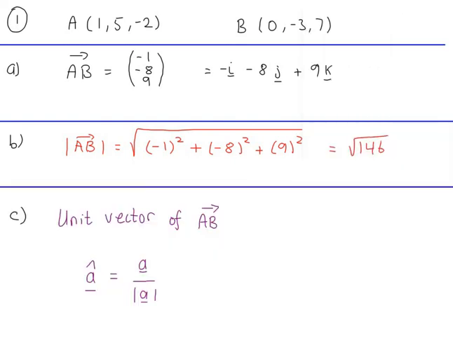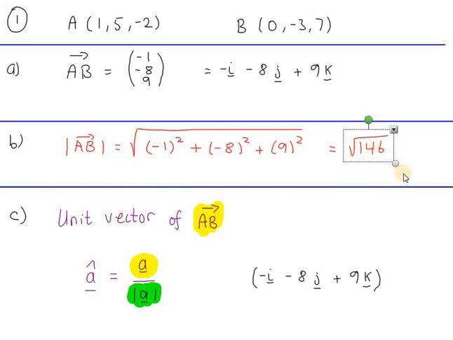Now to work out the unit vector of AB, we're going to use this formula, and in the formula we can see that we need our vector AB, which is right here. So if I take that vector, let's put that in brackets. Now I need the magnitude of my vector, which is root 146.